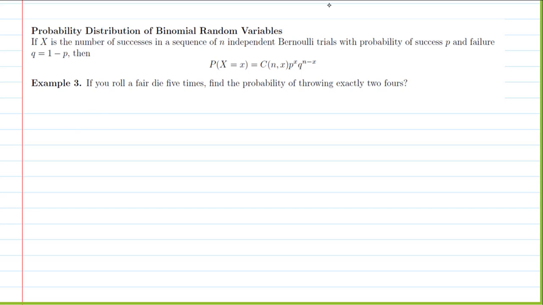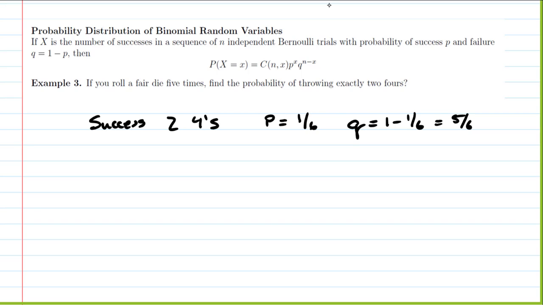So let's define our success is 2 4s. So then that makes our p. Well, what is the probability of rolling a 4? 1 out of 6. And then that makes q, our probability of failure, 1 minus 1 over 6, which is 5/6.